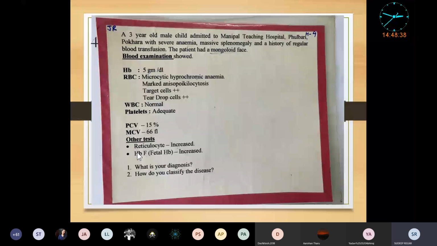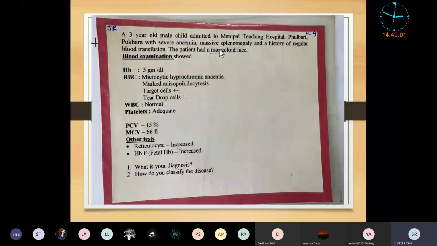So here a 3-year-old male child, severe anemia is there, massive splenomegaly is there, and there is history of regular blood transfusion, and a mongoloid face is there. So you have to take all these clinical vignettes in your mind.